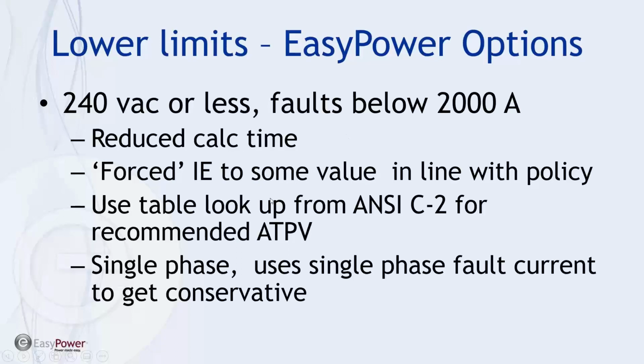Or we could look up from ANSI C2 recommended categories. And in some cases, we have the ability to use single phase estimates. Okay, so that's all well and good.